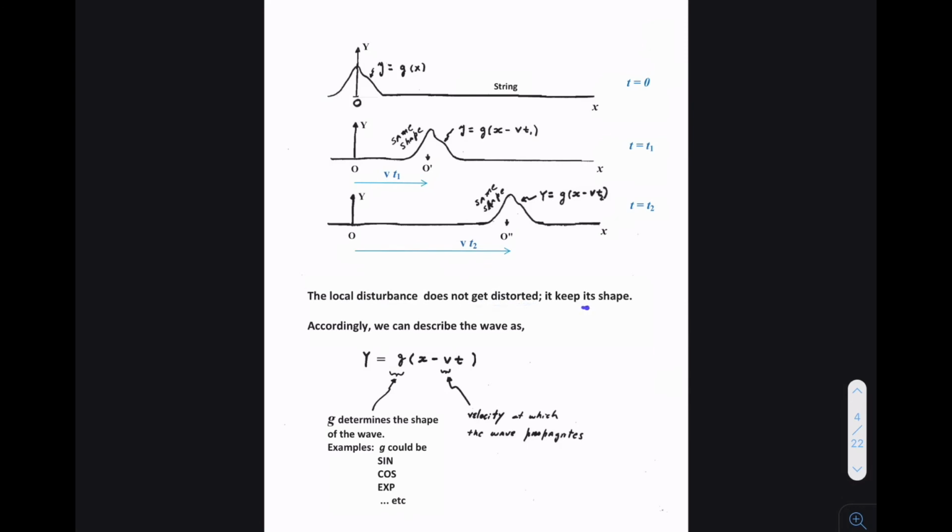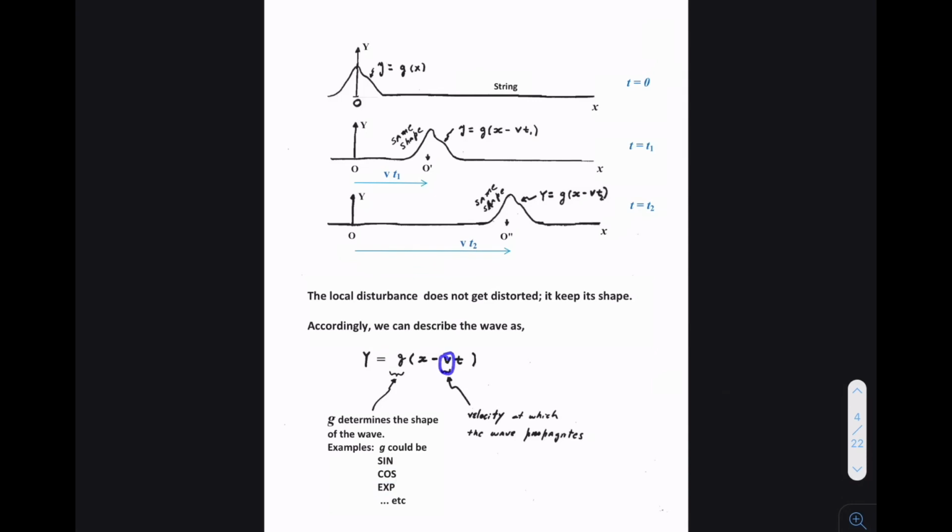It keeps its shape. So if we describe a forward propagating wave by this equation, then the function g determines the shape of the wave. And this g could be anything, for instance a sine, a cosine, or an exponential function, and so on.